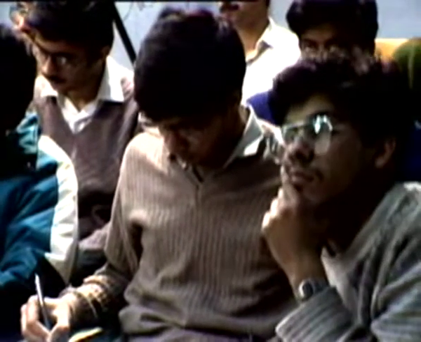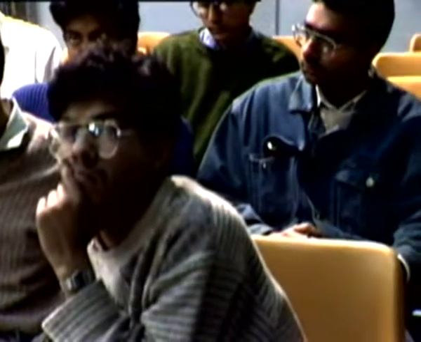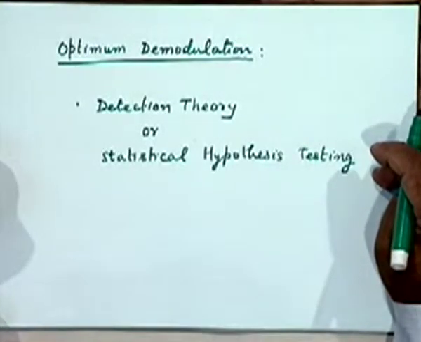A typical hypothesis testing approach to this problem would ask which of the M waveforms was most probably transmitted based on the received waveform that you have got. So given the particular received waveform in a particular interval, which of the M hypotheses is true, namely whether the first waveform was transmitted or the second or the third or the Mth. Alright.